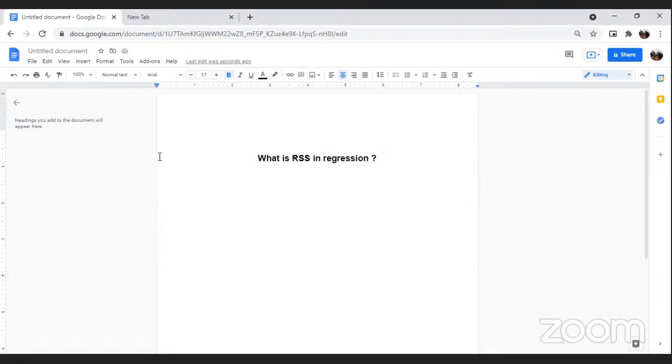What is RSS in regression? Spot on, Kritik. You're right.